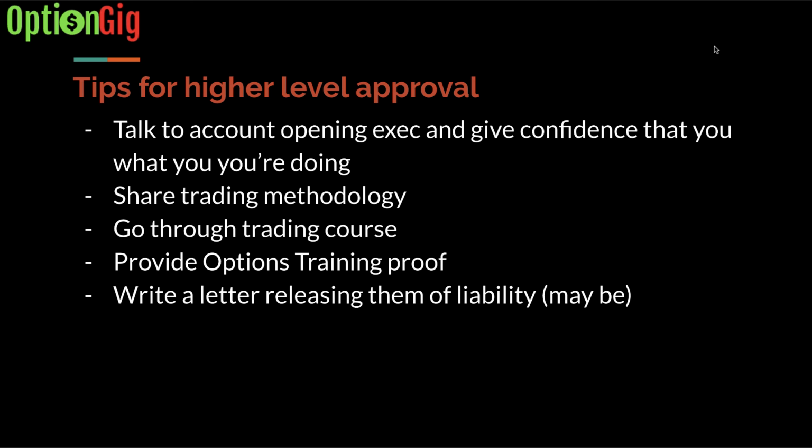Someone who's working in the account opening department. Don't talk to the general customer care. Ask for someone from the account opening department. Okay. Ask them the questions on what you see in the form, and the idea is that you can give them enough confidence so that they understand you know what you are doing.